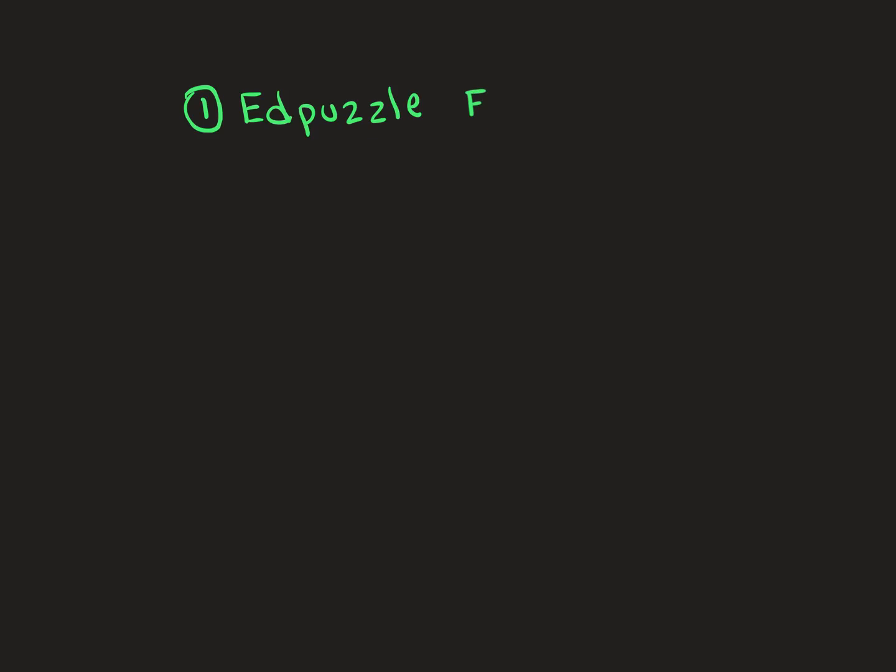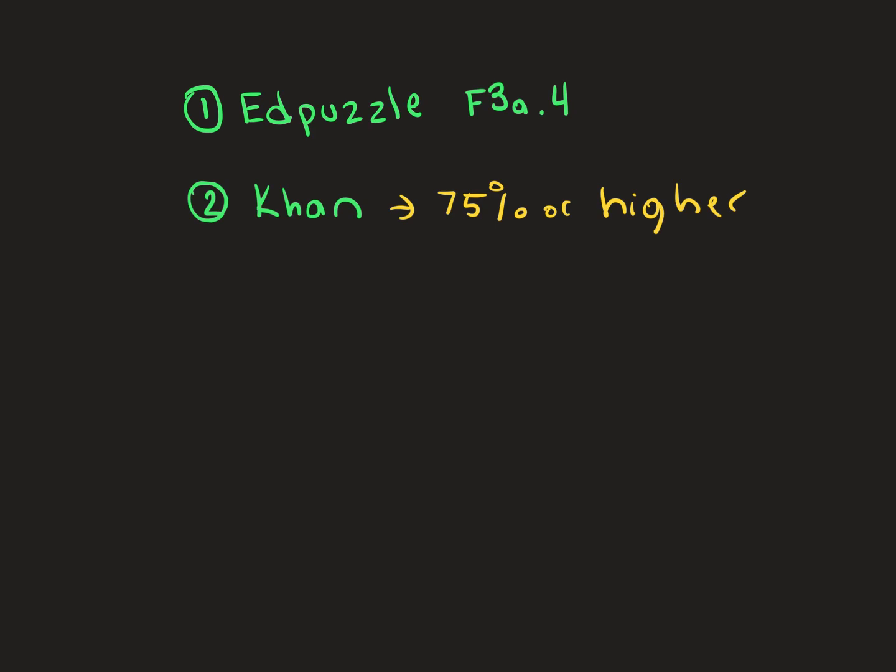It's F3A.4. Once you finish the Edpuzzle, you're going to finish the quiz that we started in class yesterday. We started a quiz? Oh, actually, you guys, once you're finished with the Edpuzzle, the quiz, remember, you need 75% or higher before you move on. Then there is a math space to do.